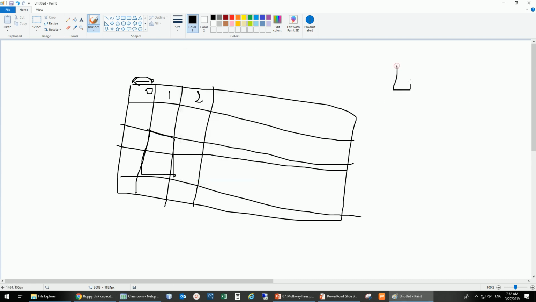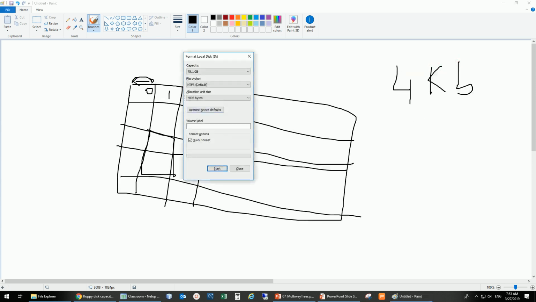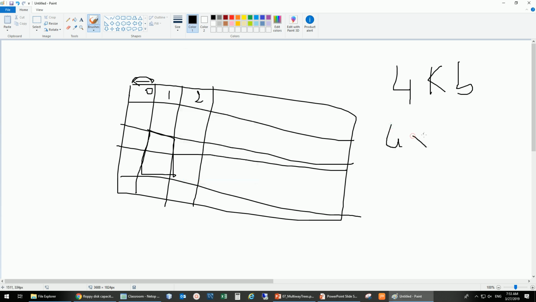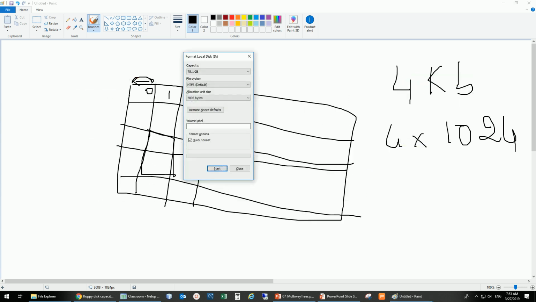So if you say 4096, that's exactly 4 kilobytes. 4096 is 4 multiplied by 1024. That gives you this number, right? 4 times 4, 16. That's the 6. 4 times 2, 8, plus that 1, that's the 9. And then 4 times 0, 4 times 1.